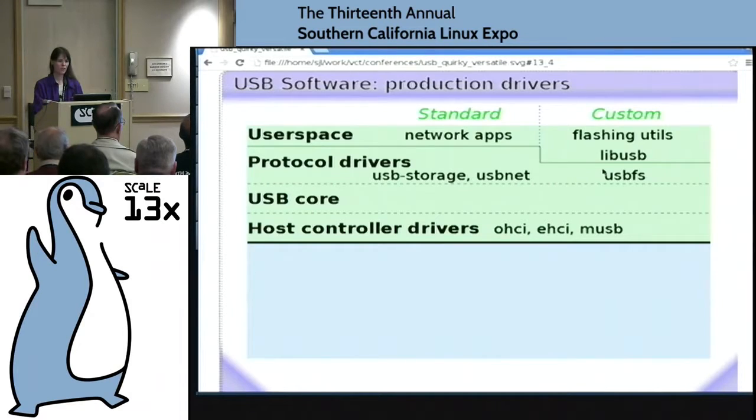If you're working with one of the standard drivers, then you may not be running a USB app at all. You might just be running your network apps and happen to talk to a usb0 device, right? You don't really care at the app layer in that case. You could be writing to file systems, and your user space does not care that one of them happens to be a USB stick.